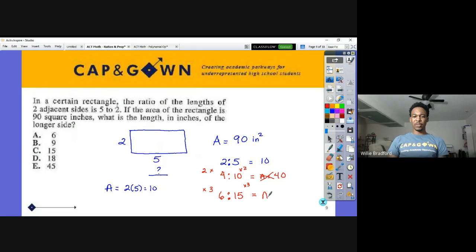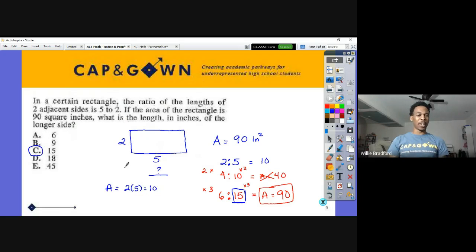If I multiply these two together, does my area equal 90? Yes, it does. So I can quickly see that my longer side is 15. 6 is the shorter side, 15 is the longer side. So my answer is C.